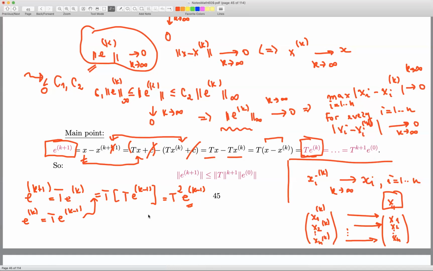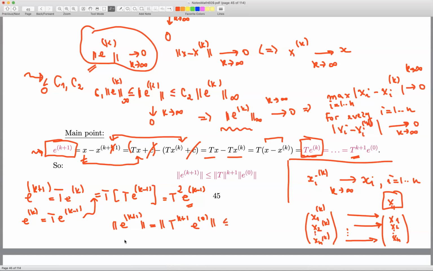And we see here that by induction, we in fact can show that the error at step k plus 1 is equal to T to power k plus 1, which is the matrix T applied to itself k plus 1 times, applied to the error at step 0, or the initial error. Therefore, if two vectors are the same, then the norms of these vectors are the same. So this norm is equal to the norm of the matrix T^{k+1} applied to the vector e_0.